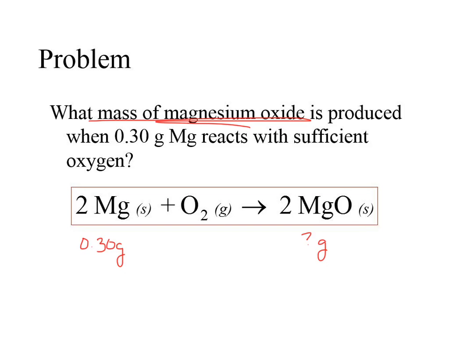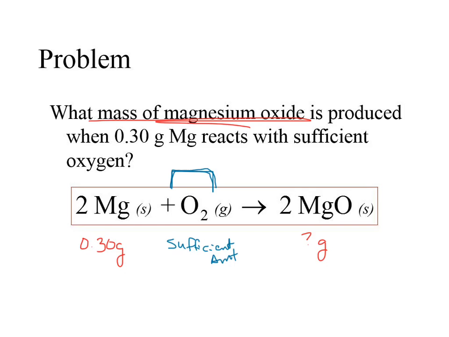Notice it says that the other reactant, the thing that's reacting with magnesium, is there in sufficient amount. What they are saying is there's enough O2 to go ahead and make all of that magnesium react.